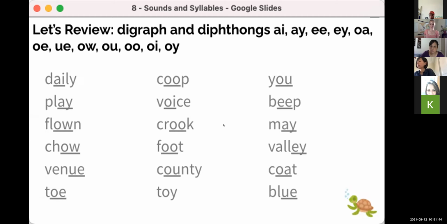We have daily, play, flown, chow, venue, toe, coop, voice, crook, foot, county, toy, you, beep, may, valley, coat, blue.